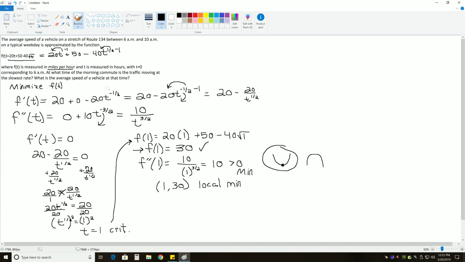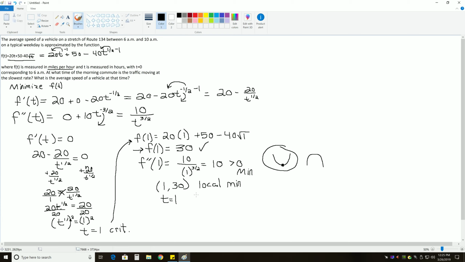But now we have to put this into words because this is a story problem. So it says, at what time of the morning commute is the traffic moving at the slowest rate? Well, our time is our t value. So we said t equals 1 is when it's at its slowest.